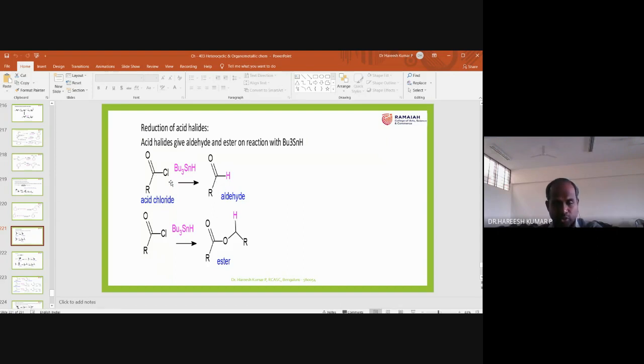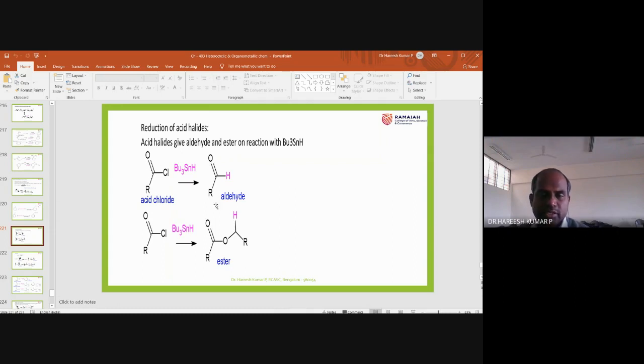During this process, acyl radical is generated. That acyl radical reacts with the hydrogen radical, forming an aldehyde. Once there is a formation of aldehyde, this aldehyde again reacts with the acyl radical, then there is a formation of ester.